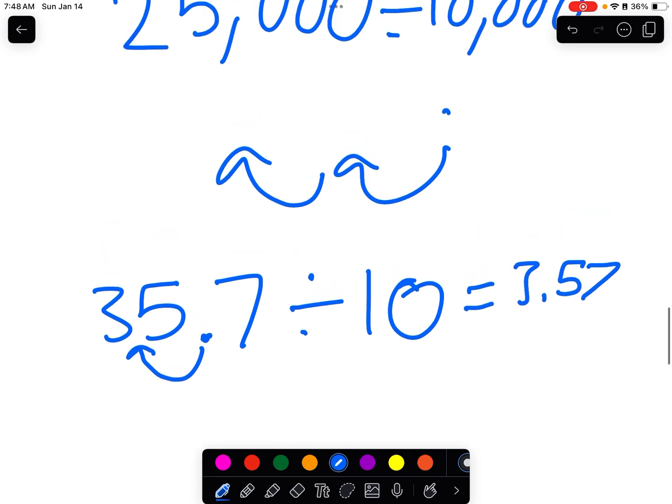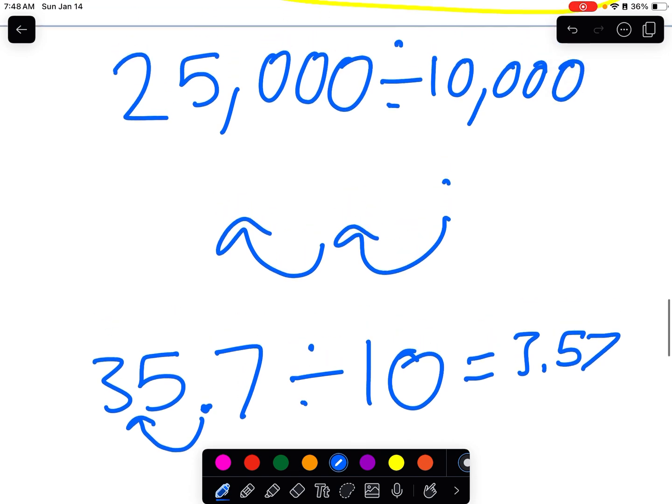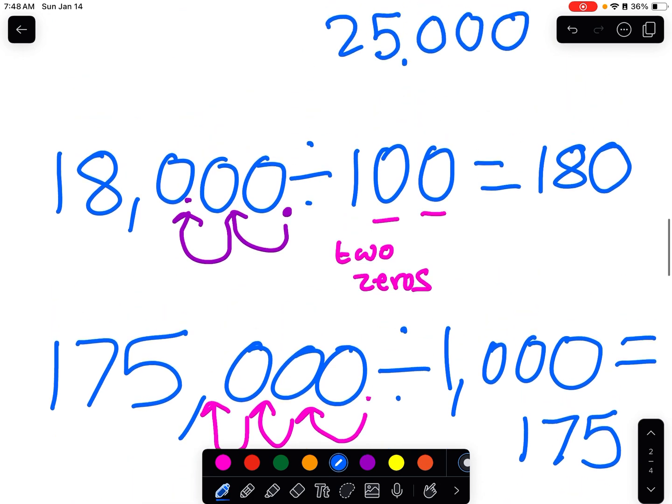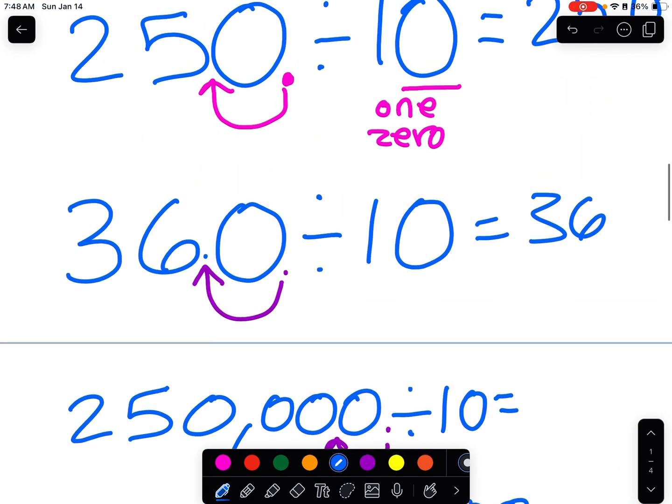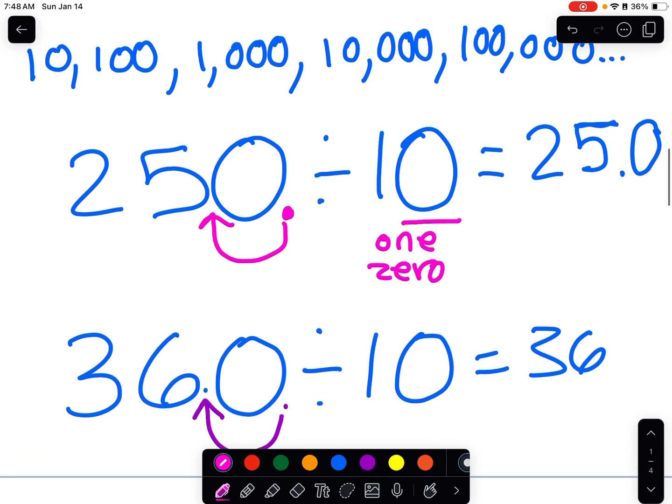But like I said, I don't want to confuse you too much. Suffice it to say that really all we're going to do and get in practice is moving the decimal over to the left, however many zeros you have. And that's all for today. Till next time, mathematicians.